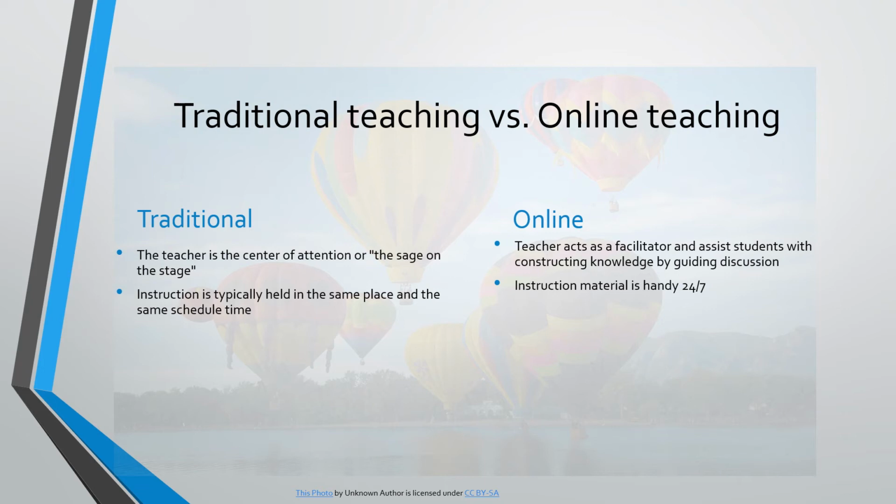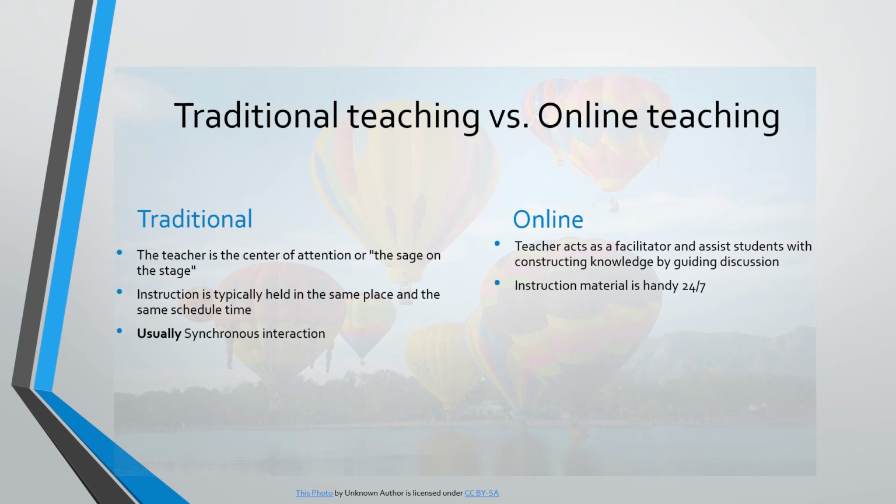So, for example, let's say you have a book that you want the students to read. You can supply them an ebook online and they have access to that material 24/7. They don't have to wait till they get back to the classroom to read that book. So, that's very good.